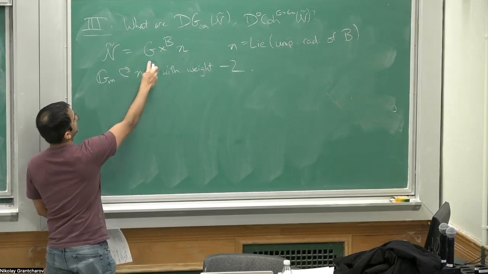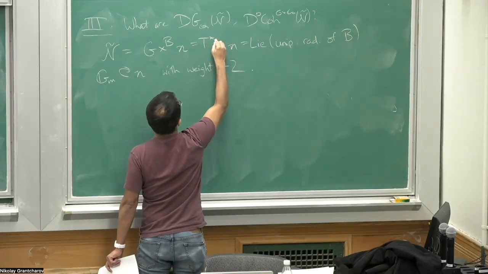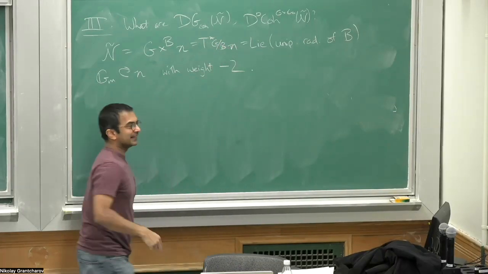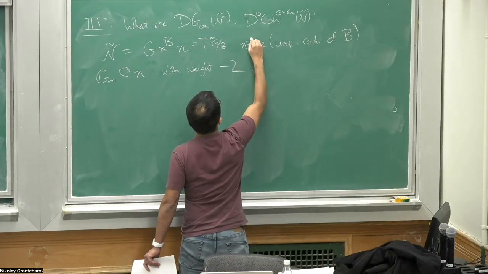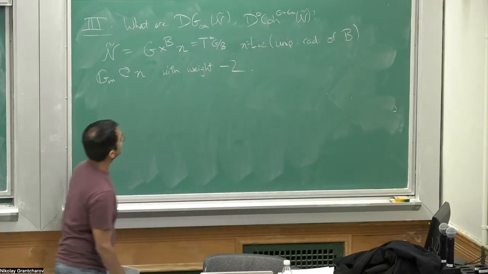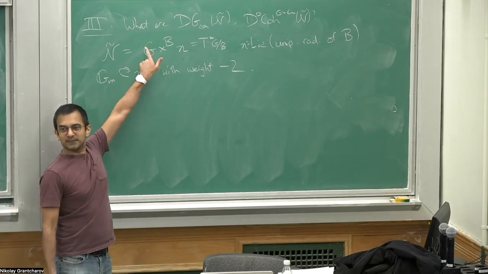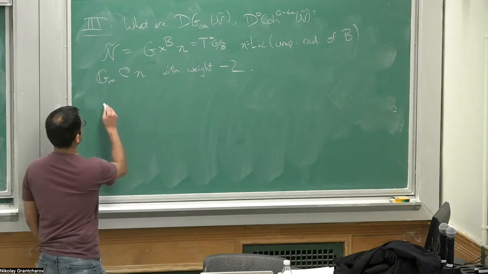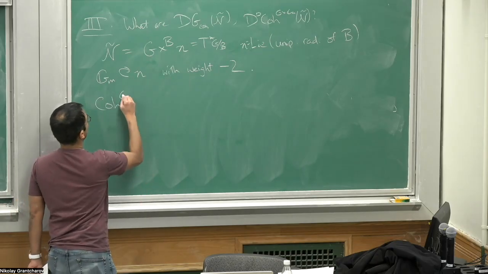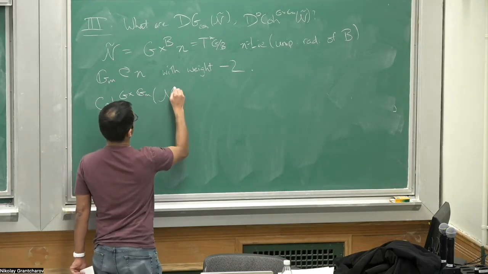Another description of it is that it's the cotangent bundle of G mod B. G acts on this space by multiplication on the left. The multiplicative group acts on this factor, and these actions commute. So it makes sense to talk about G cross G_m equivariant coherent sheaves on N-tilda.